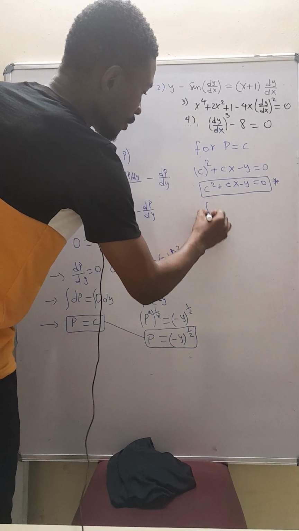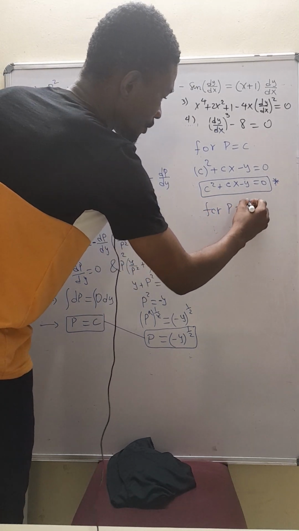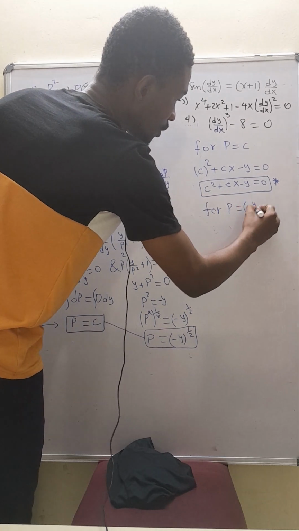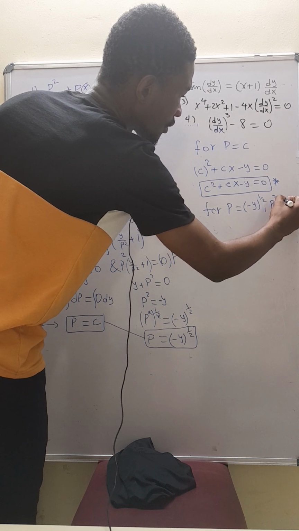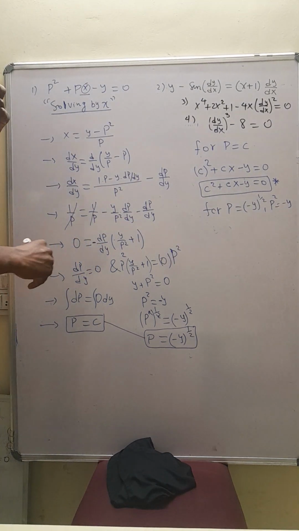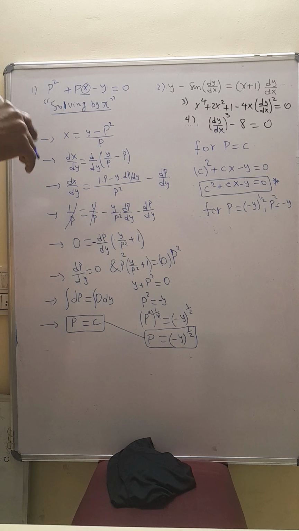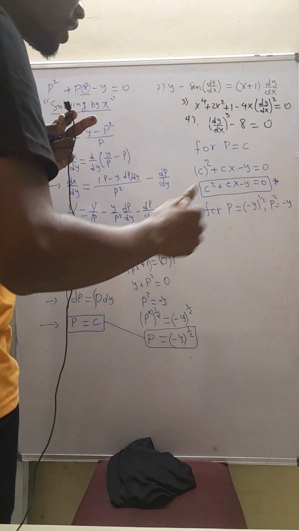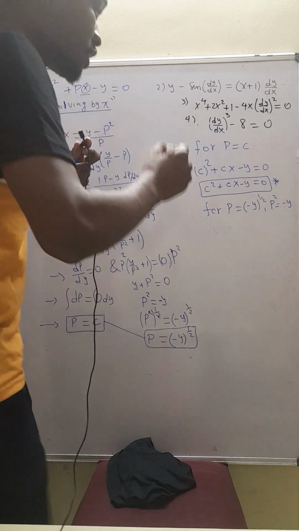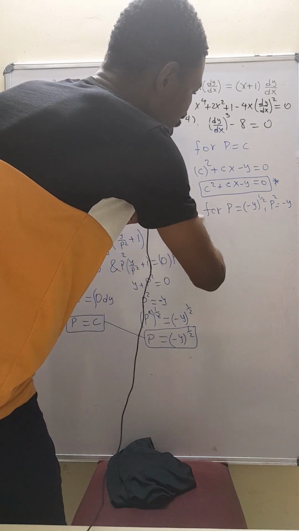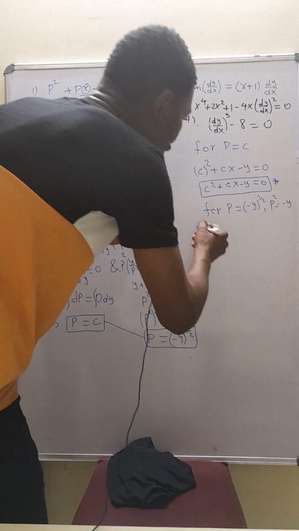Now, for p equal to minus y to the power 1 by 2, p squared, we know, will be minus y. The differential equation takes the range on all domains, not only real numbers. It is for imaginary numbers also, so complex numbers are also part of the solution.